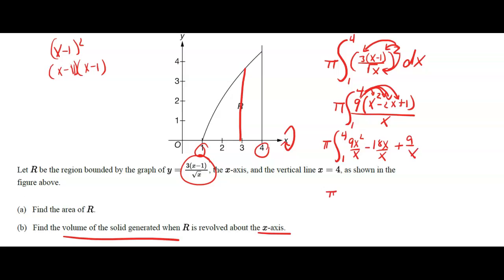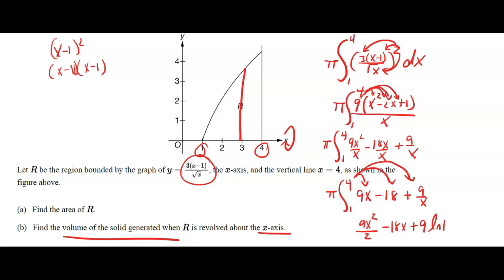And we can go ahead and simplify that a little bit to be 9x minus 18 plus 9 over x. All right, now we can go ahead and integrate. To integrate the 9x, we get 9x squared over 2. To integrate the 18, we get 18x. That guy is going to be an ln problem, but it has the 9 in the front, so that's 9 ln of the absolute value of x.